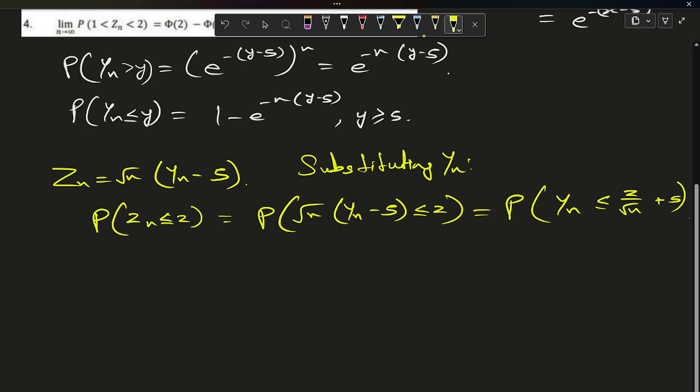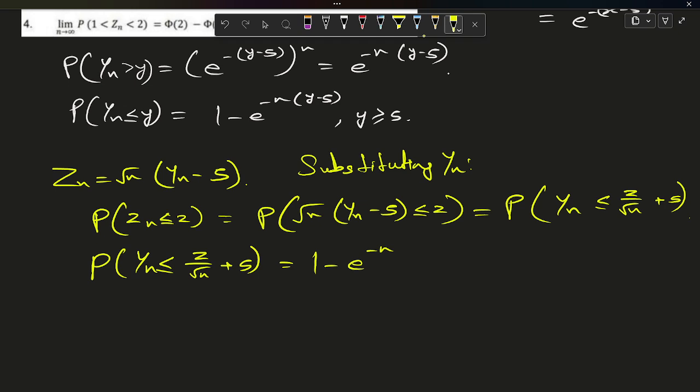Now using the CDF of Yn, this equals 1 minus e to the power minus n. We put this in for Yn, so the 5 and 5 cancel out, and we get root n here.